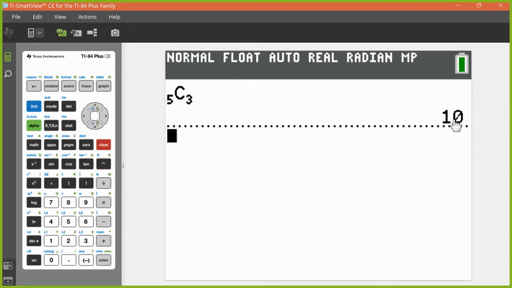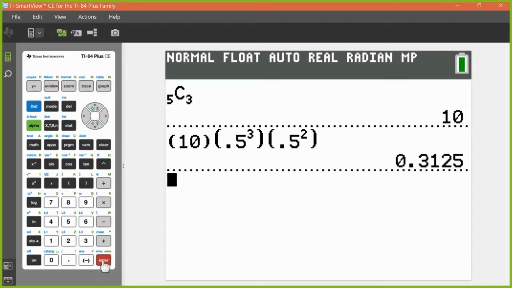So I know that it's 10 combinations, so I'm just going to plug that into my formula. 10 combinations, and then I'm going to have 0.5 to the power of 3, and then 0.5 to the power of 2, and then enter.